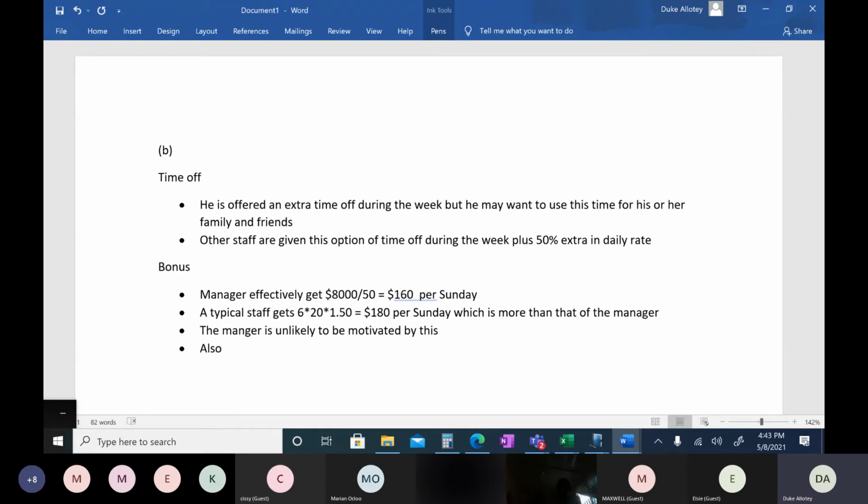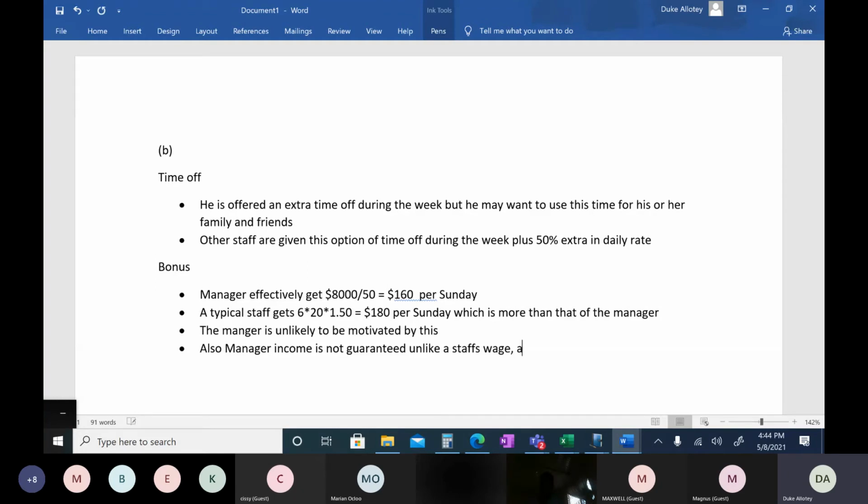Also, the manager's income is not guaranteed, unlike a staff's wage. Okay, so these are the typical points there. If a marker can see what you have there, you can have all the 4 points. It's unlikely to be motivated by this.